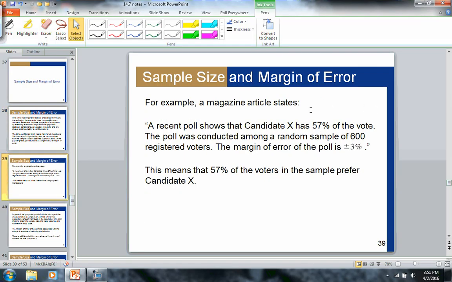So here, if you say that a recent poll shows that candidate X has 57% of the vote, and it was conducted among a random sample of 600 registered voters, and the margin of error is plus or minus 3%, that means that 57% could have confidence in this candidate, or it could be 3 less than that, so it could be 54%, or it could be 3 more than that, so it could be 60%. So the confidence level is really in between those values.